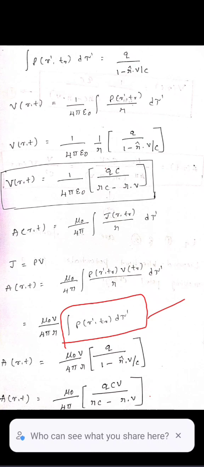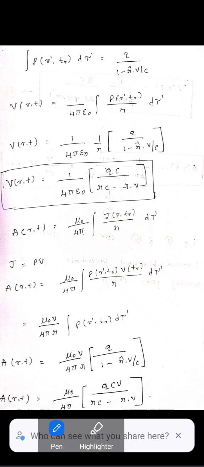This is nothing but q divided by 1 − 𝓇 cap·v/c. Substituting the values, A(r,t) = μ₀v/4π𝓇 · q/(1 − 𝓇 cap·v/c). Then multiply 1 over 𝓇 inside the bracket, so we get 𝓇 into 1. Take LCM c.